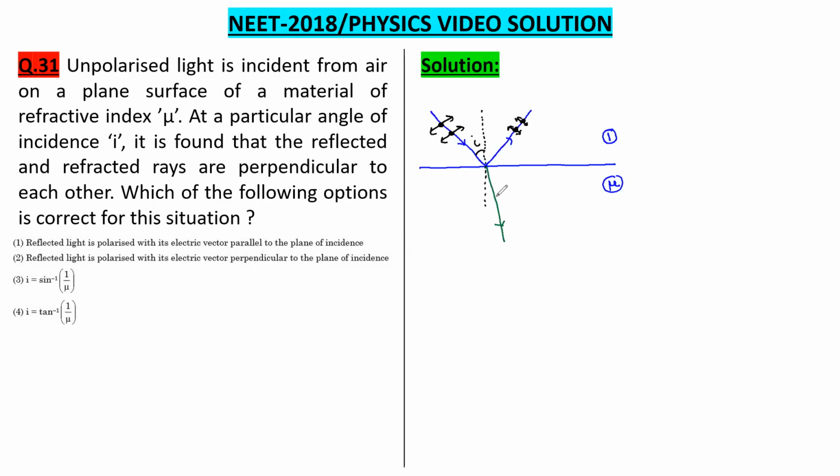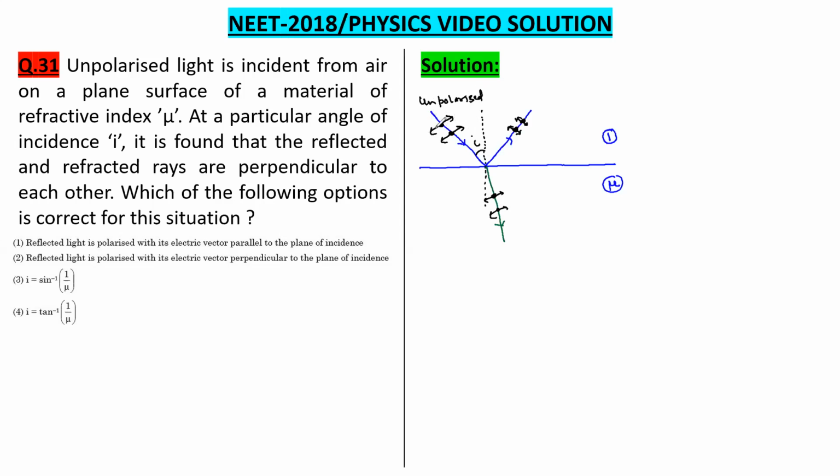While in the refracted light, both are refracted equally like this. So let me explain it again. Here, this is the unpolarized light, and the component of light is both in the plane of incidence and perpendicular to the plane of incidence.